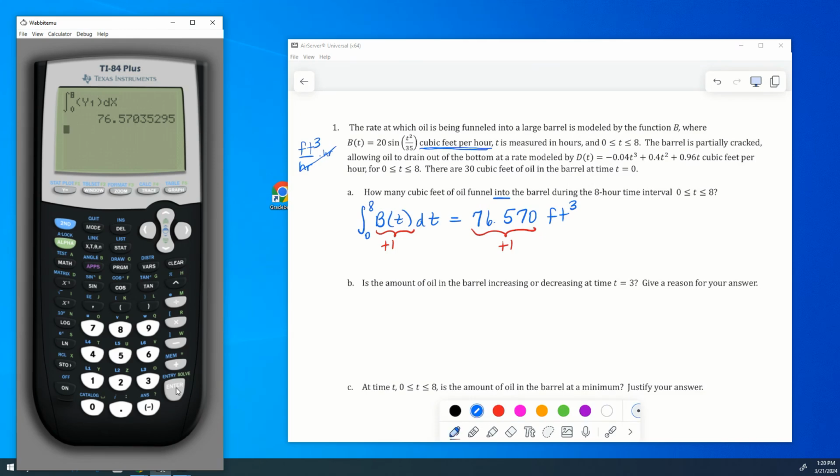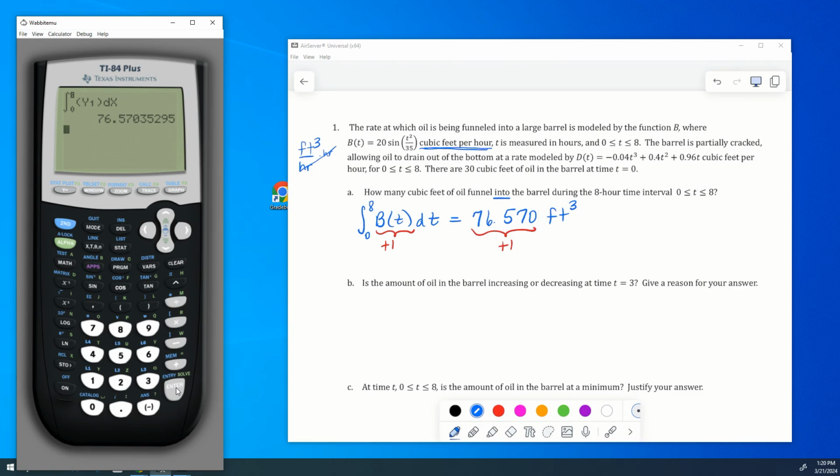Part B. Is the amount of oil in the barrel increasing or decreasing at time T equals 3? Give a reason for your answer. You can actually do this a couple ways, but again, you basically have to see, okay, let's think about that. Is the amount of oil in the barrel increasing or decreasing?